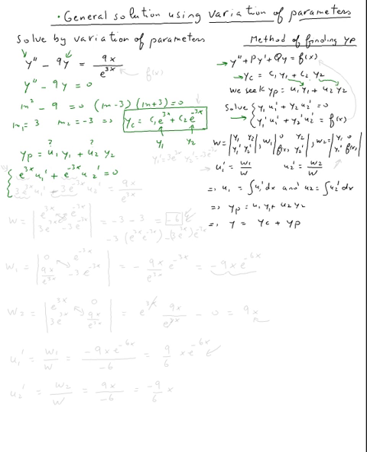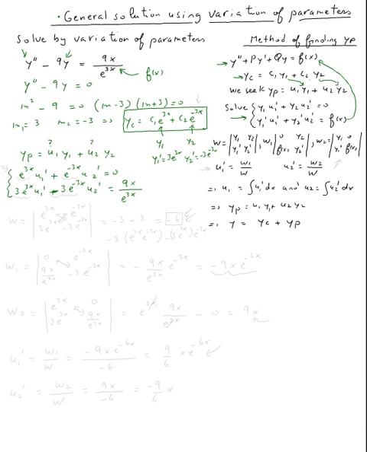Then y1 prime, the derivative of e to the 3x, is 3e to the 3x, so 3e to the 3x u1 prime, plus y2 prime, which is negative 3e to the negative 3x, so minus 3e to the negative 3x u2 prime, equals f of x. Remember this f of x comes from whatever is on the right side of the equation, so that would be 9x over e to the 3x.